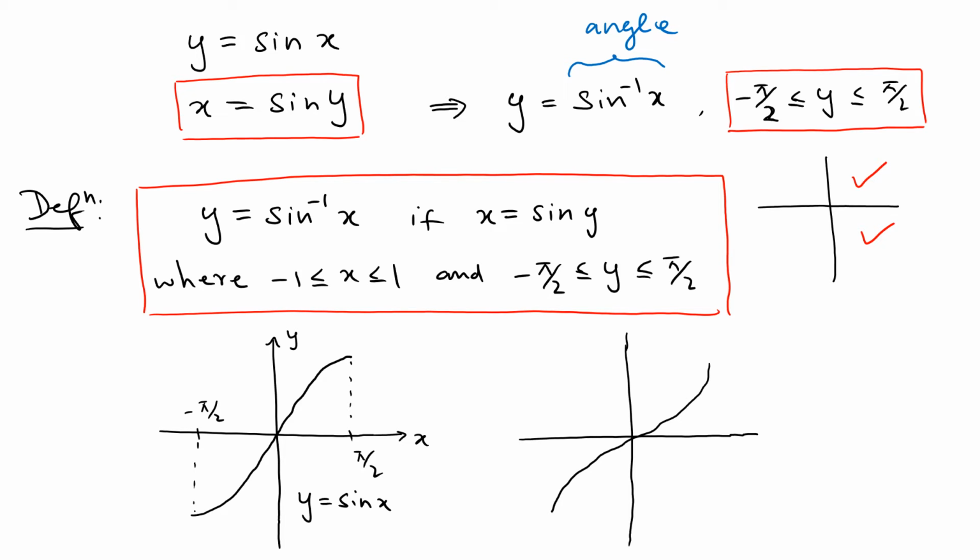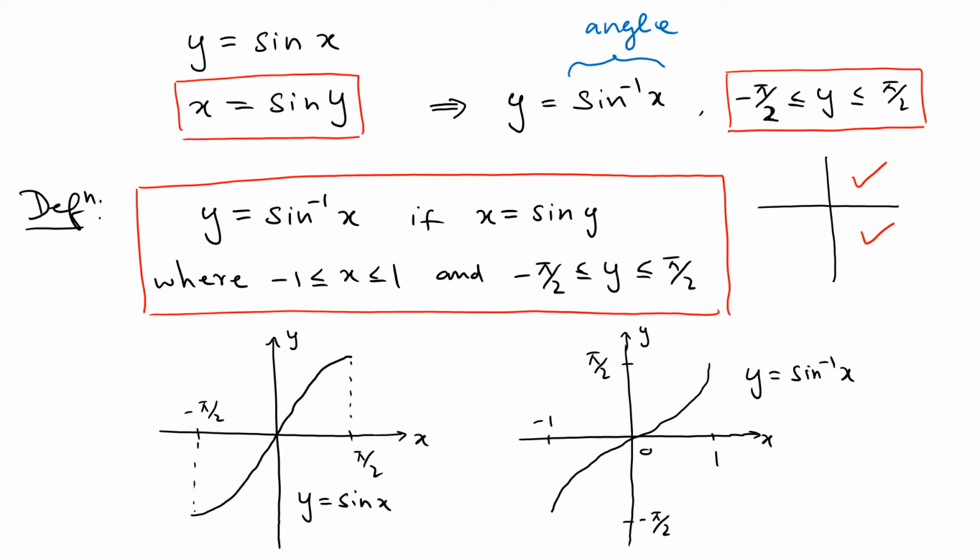You plug in values between -1 and 1, those are the x values, and you get an angle, pi over 2 and negative pi over 2. So if you use the same variables, this is the y equals sine inverse x function. Good, so those are the two graphs, the sine graph and the sine inverse x graph.